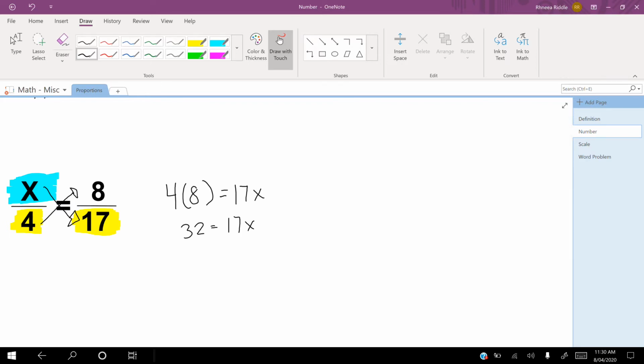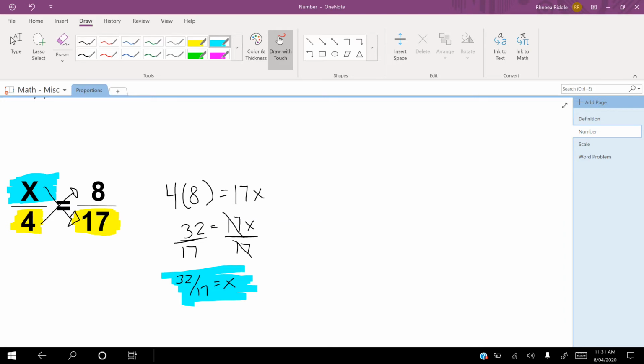And what's left is to undo this multiplication here. So to undo it, we have to divide again by 17, because that is the opposite of multiplication. That will undo multiplying x by 17. And we do that on both sides, so 32 divided by 17 is going to give us 32/17 equals x. So we would simply replace x with 32/17 to get these proportions to be equal to each other.